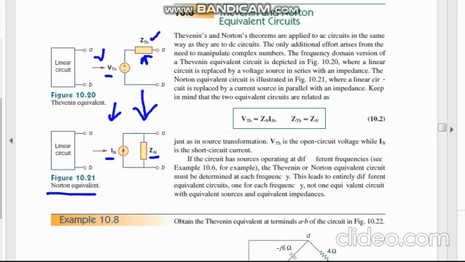V Thevenin divided by Z Thevenin will be I Norton, in parallel, and Z Thevenin and Z Norton will be equal. V Thevenin is the open circuit voltage, while I Norton is the short circuit current.